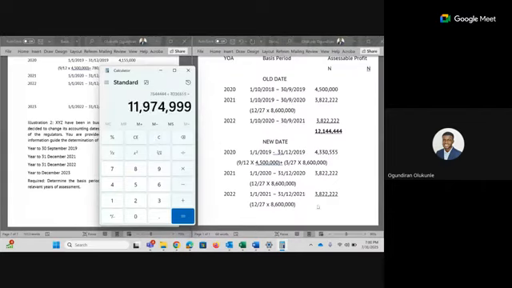So you have 11,974,999. Invariably, we will go with the old date because the old date is higher.